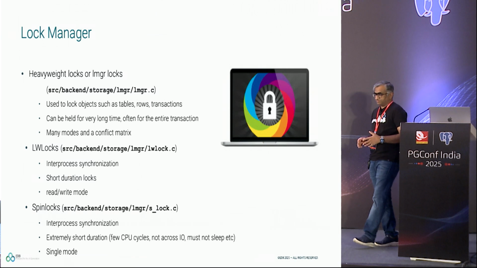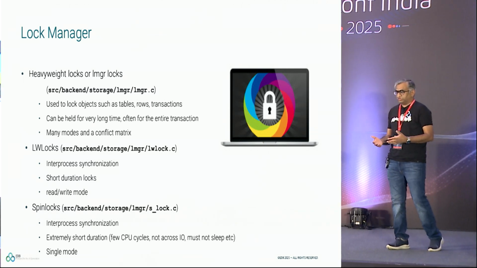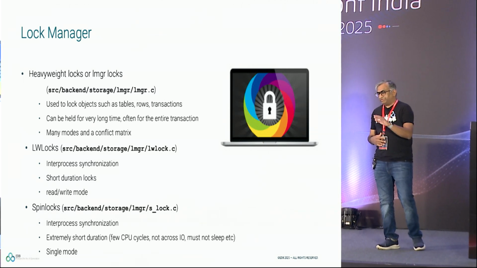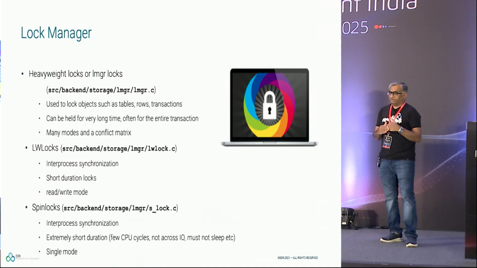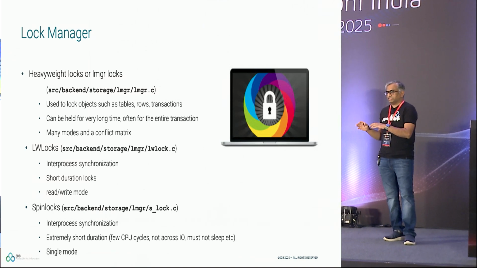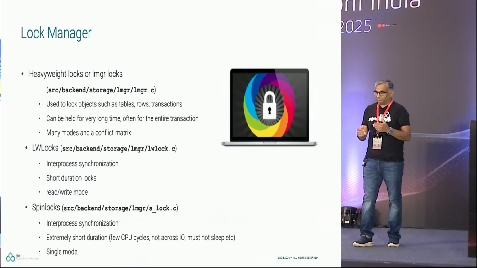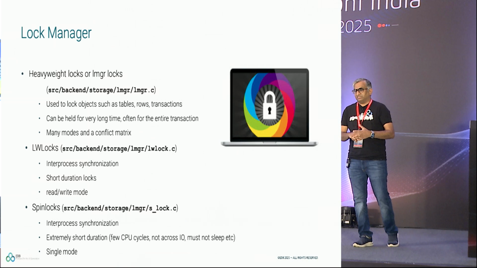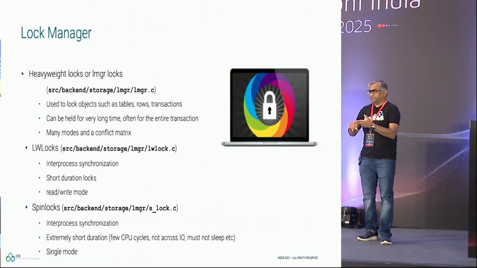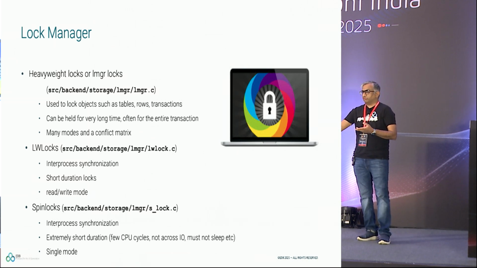Then there is the lock manager in Postgres, and there are pretty much 3 different kinds of levels at which locking works in Postgres. At the top level, there is what we call LMGR or heavyweight locks. These are the locks that get acquired when you open a table, or if you are doing, let's say, vacuum full on a table, and you must have seen that access exclusive lock is getting acquired on a table.